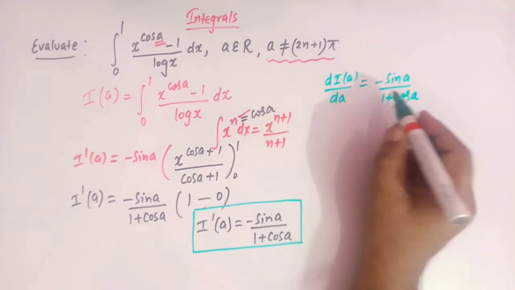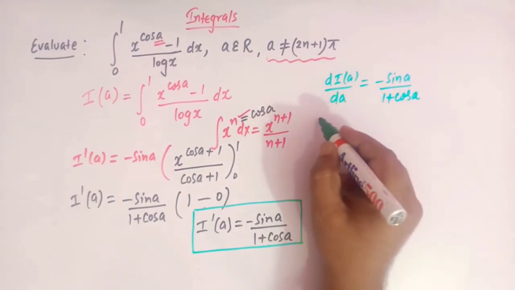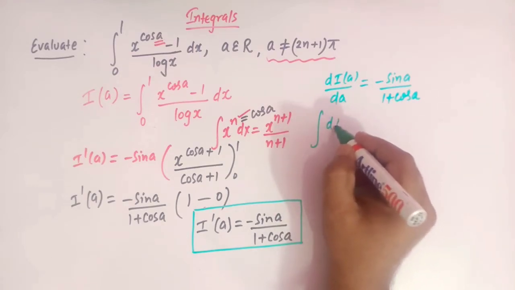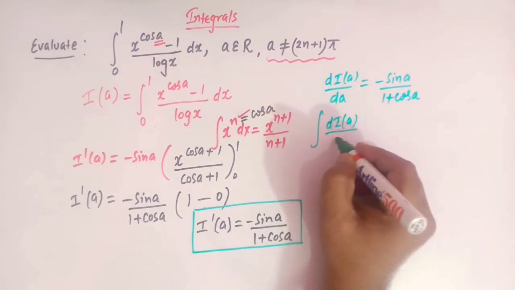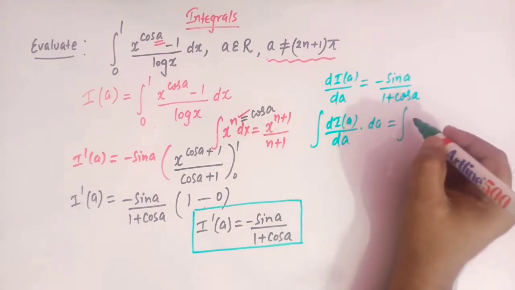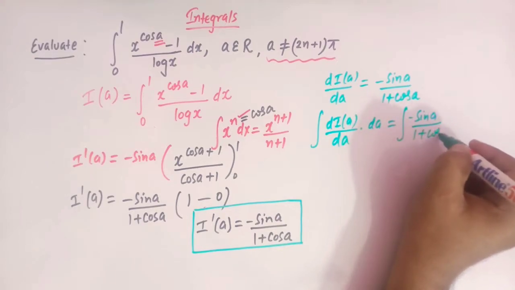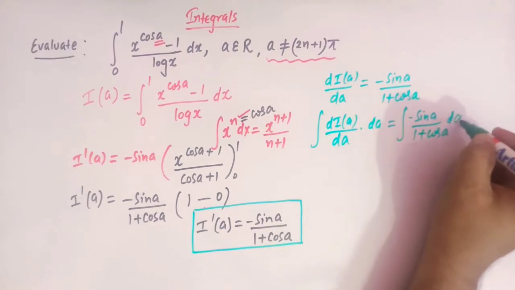So now what we will do, we'll integrate both sides with respect to a. So we have d of I of a over da, and we'll integrate both sides with respect to a. So we have this expression, right?